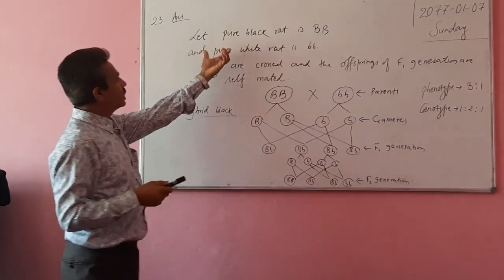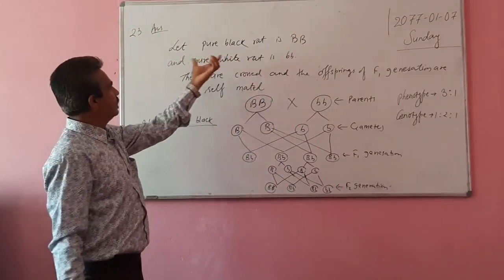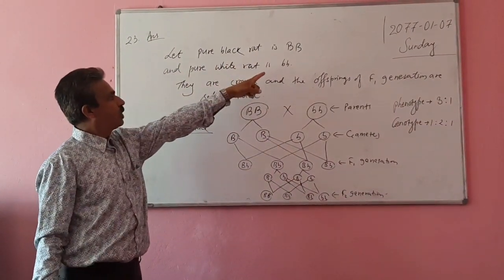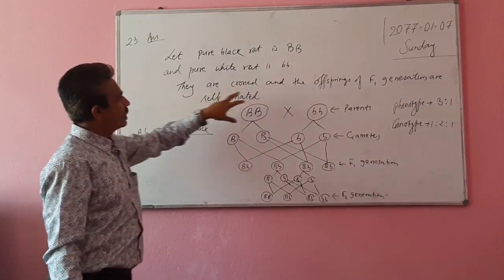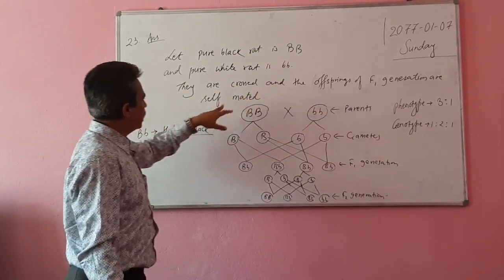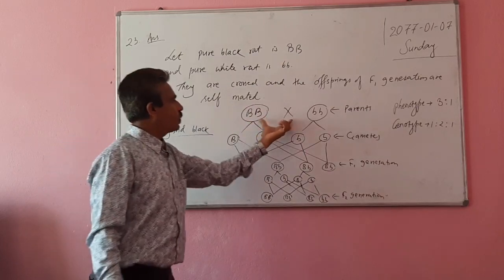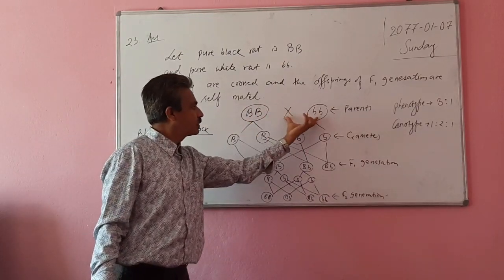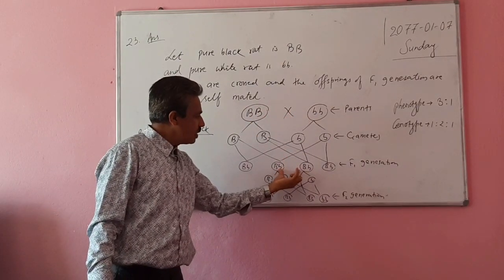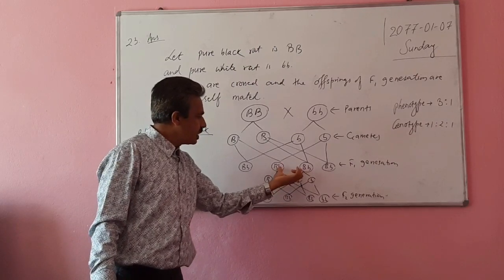What's given here? Let the pure black rat be BB and the pure white rat be bb. They are crossed and the offspring of the F1 generation are self-mated. Crossing, see, they have different genotypes. They have similar genotypes, that's why it is self-mated.